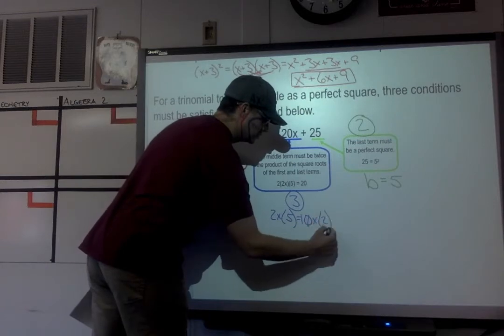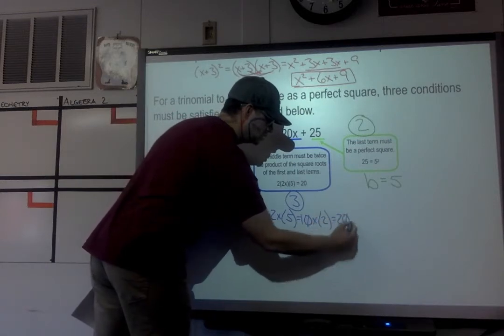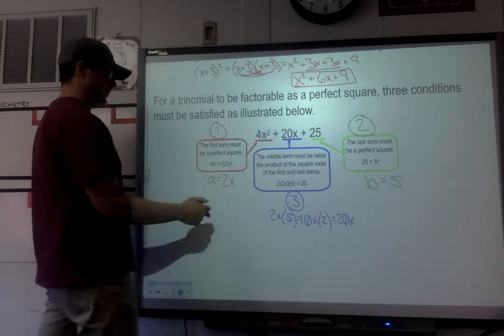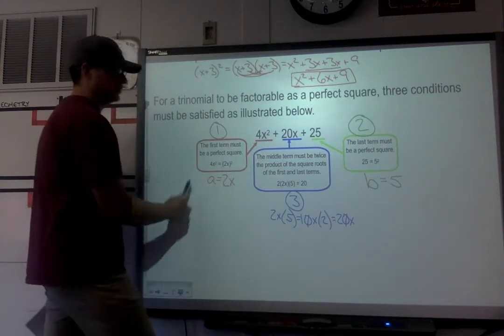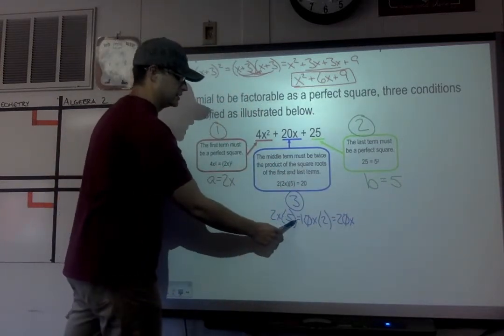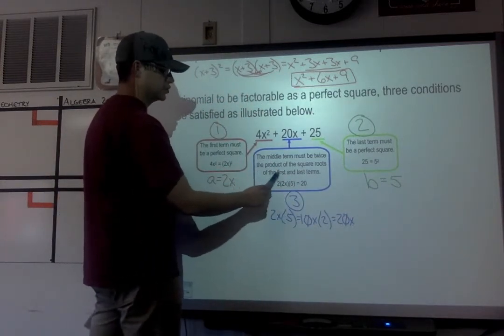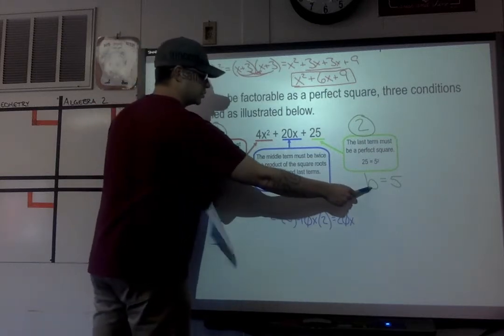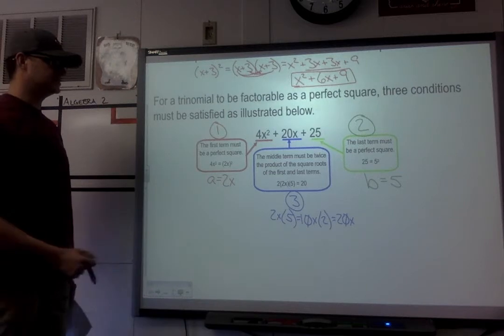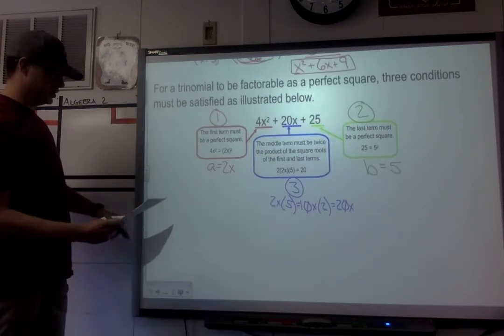So we would need to multiply that by 2, and it would give us 20x. So we see here that yes, the first term is a perfect square, yes, the last term is a perfect square, and yes, the middle term is twice the product of the square roots of the first and last. So this is a perfect square trinomial.